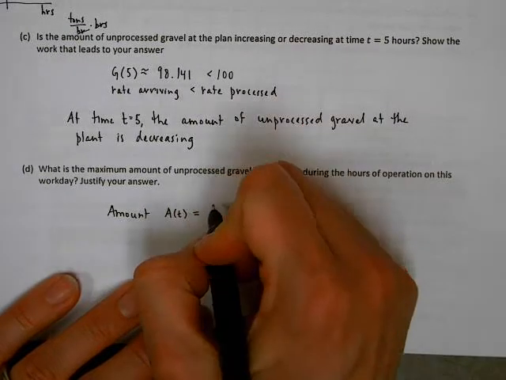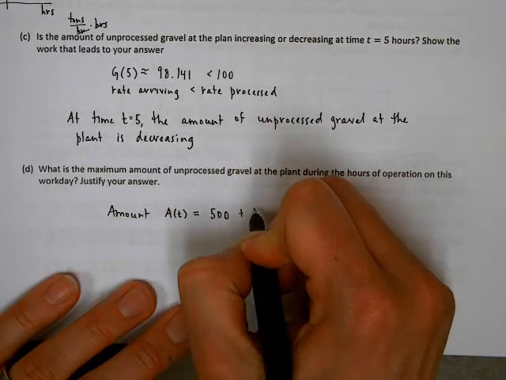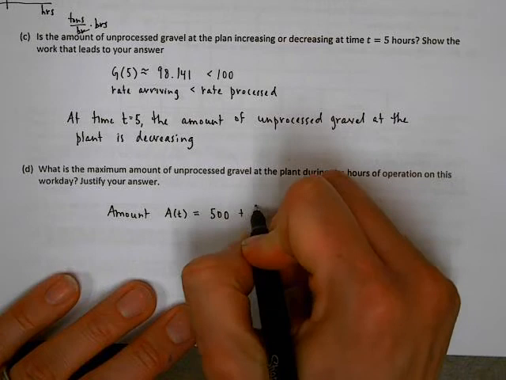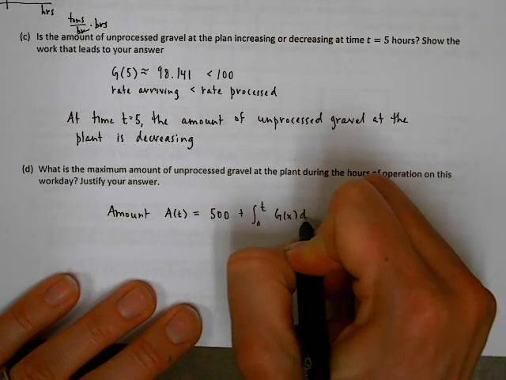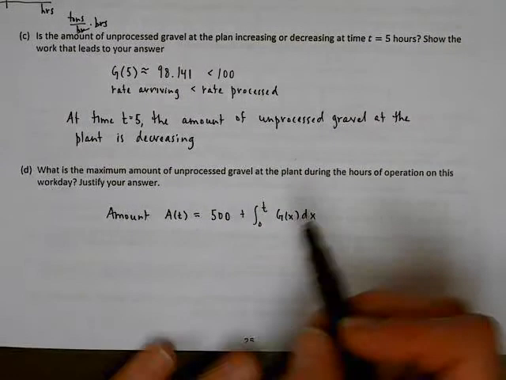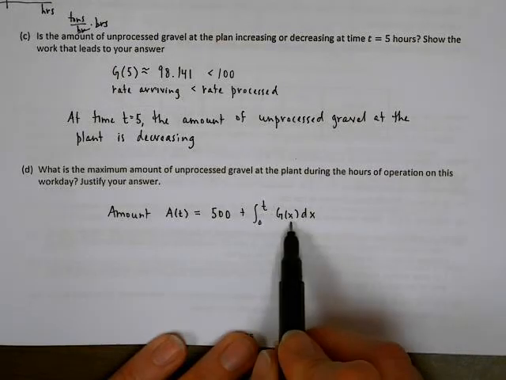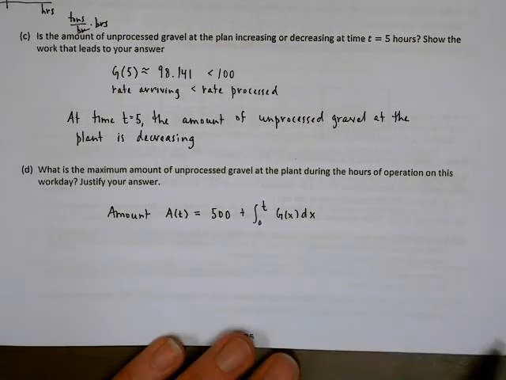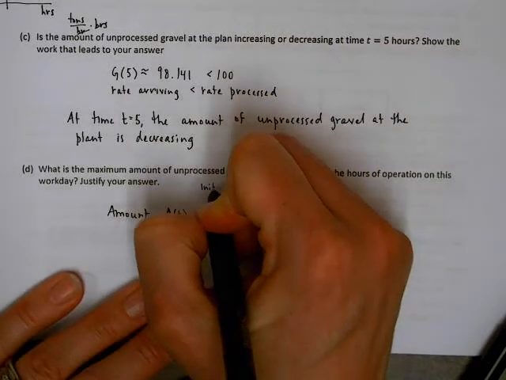I have to consider my initial. I have to consider the amount that arrives, which I know is the integral of my rate function. Now notice a couple things here. Since I have t in my bounds, I had to use my dummy variable x here in my function. So maybe I should be clear here and label. So the amount consists of the initial.